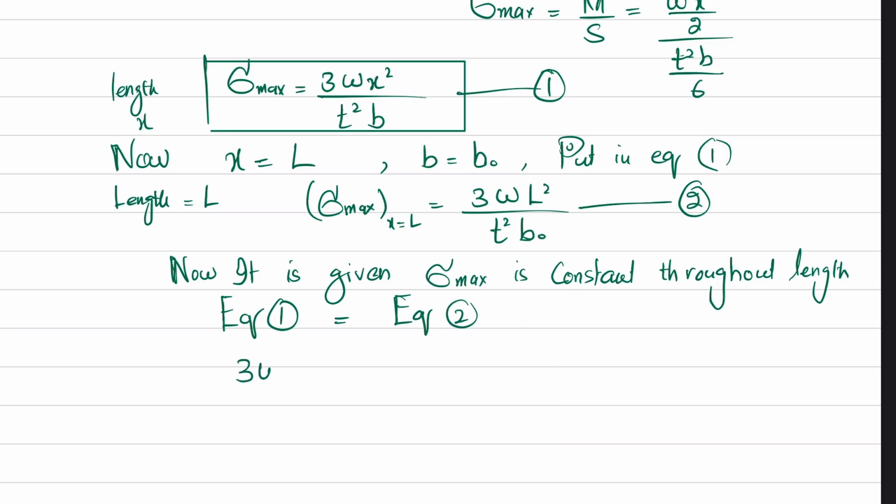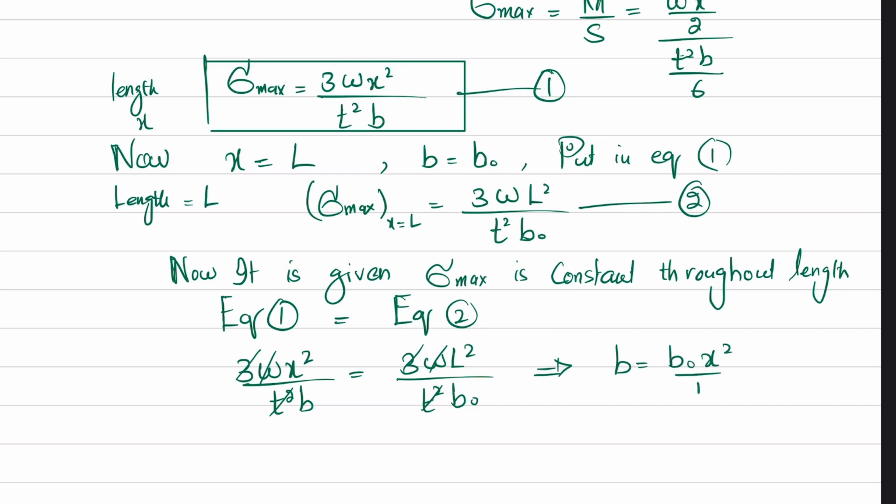So 3Wx square over T square B is equal to 3WL square over T square B naught. The 3 will cancel with 3, W will cancel with W, T square will cancel with T square. We have been asked to find this B. So B will become equal to B naught x square over L square.